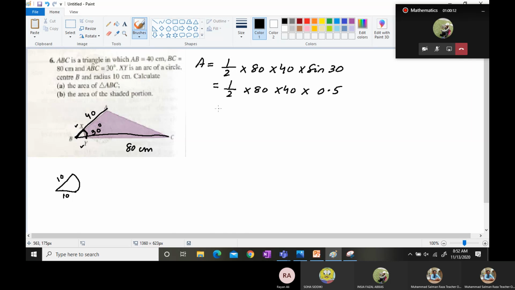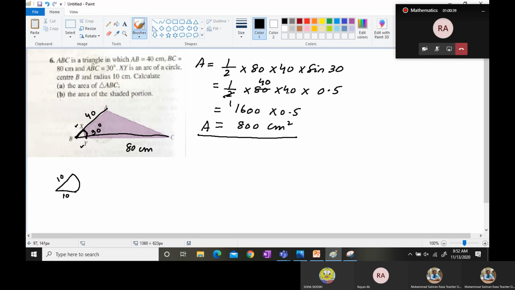So 80 into 40 is 1600, into 0.5 means half of it, and now we have the area of this figure, that is 800 centimeters square.